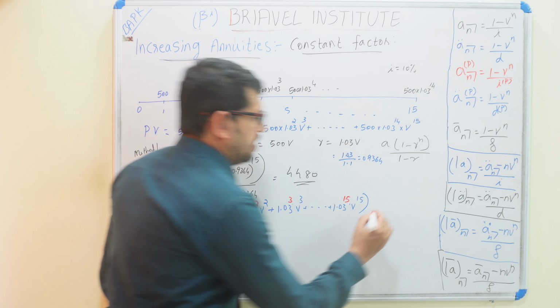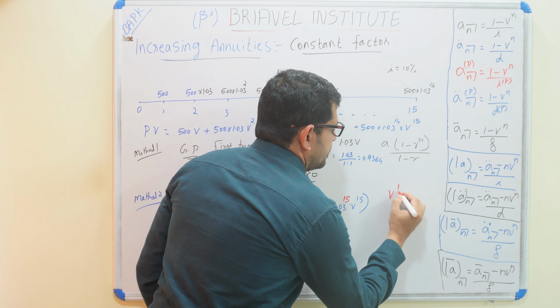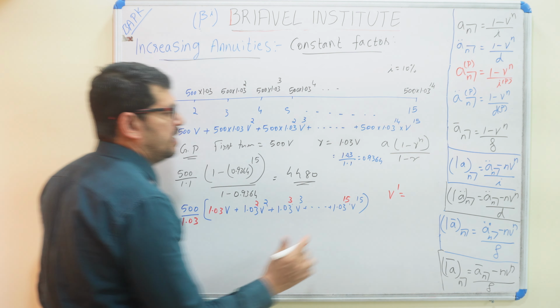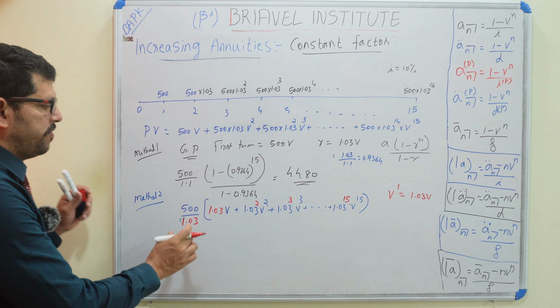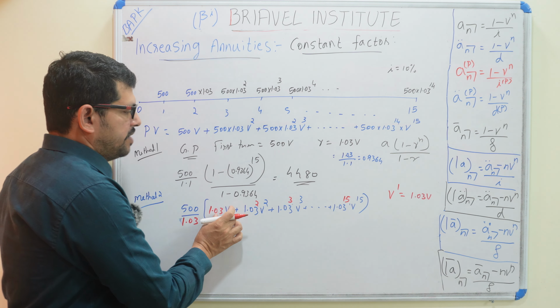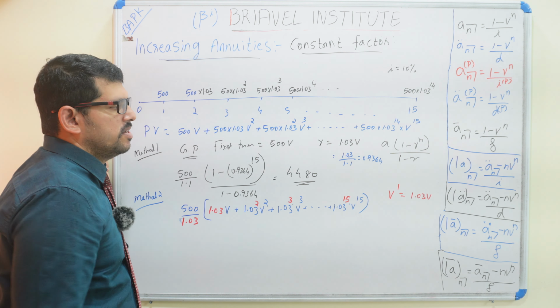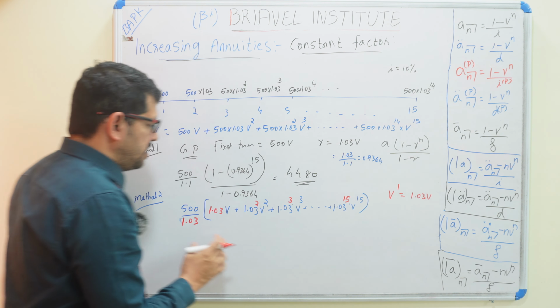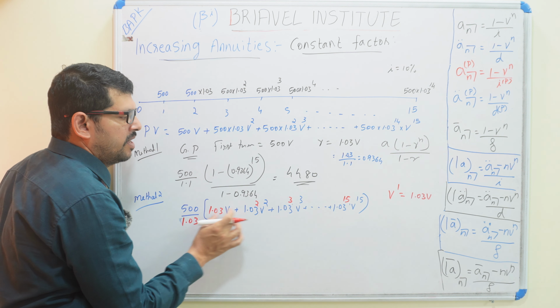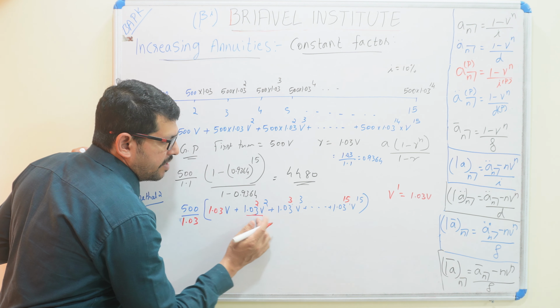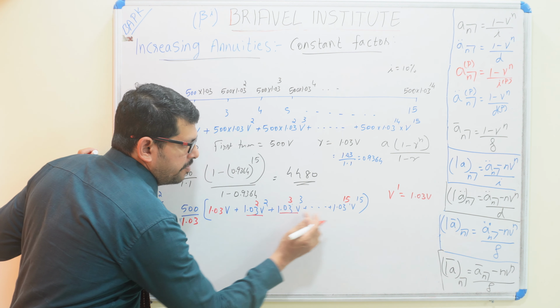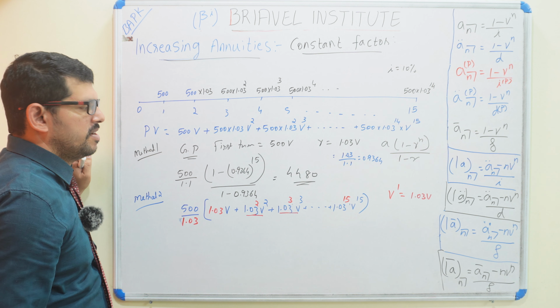Now we can write the new term, v dash is equal to 1.03 v. So instead of 1.03 v, I am substituting v dash. That is the purpose of multiplying with the 1.03. So here I can substitute v dash square, here v dash cube, here v dash 15.